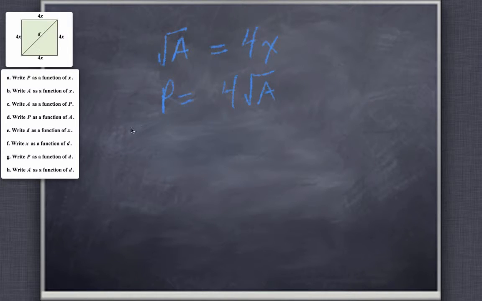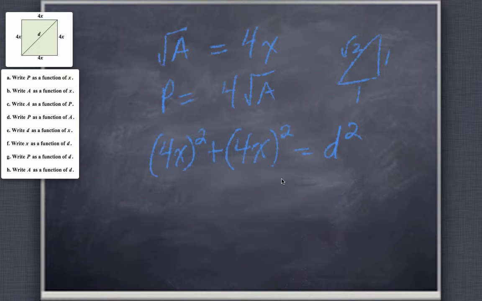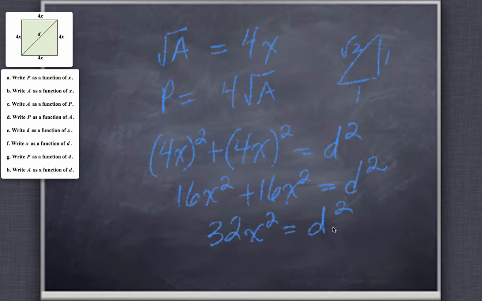D as a function of x. So in a square, when you have a 45, 45, 90, this relationship is a 1, 1 root 2. Pythagoras would give you that actually, so you could say 4x squared plus 4x squared is d squared. That's just the Pythagorean theorem. So 16x squared plus 16x squared is d squared. 32x squared is d squared.